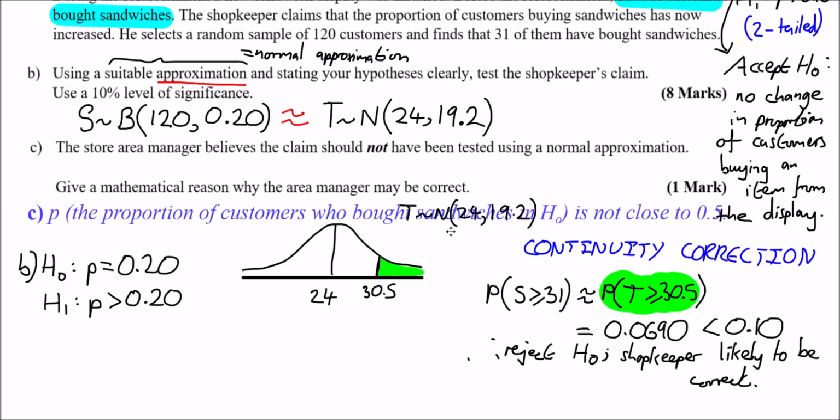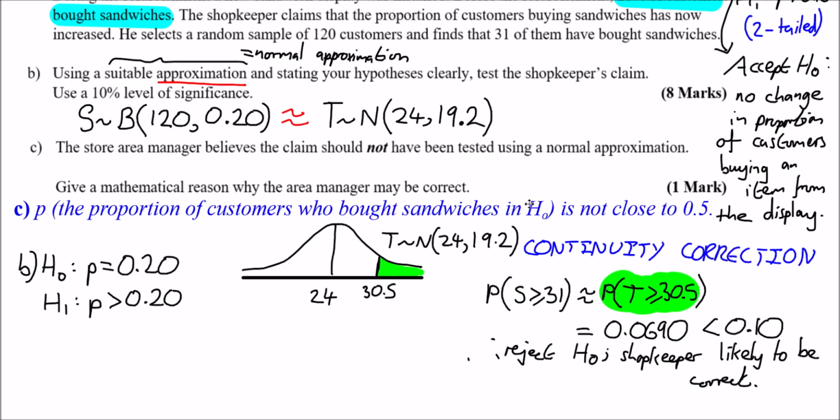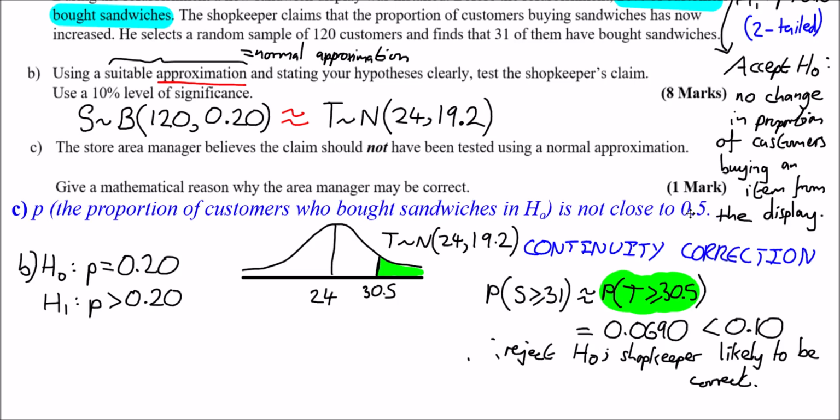So what we say here, oops, just move it out of the way. So the p-value, the proportion of customers who bought sandwiches via H0, it's not close to 0.5. So because it's not close to 0.5, 0.20 isn't really a good candidate for using the normal approximation.